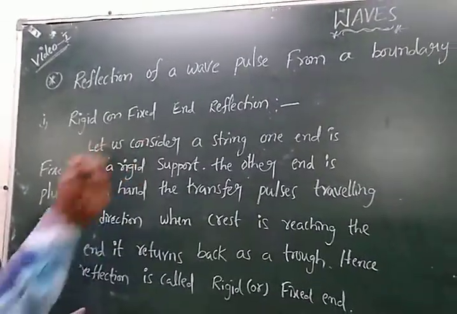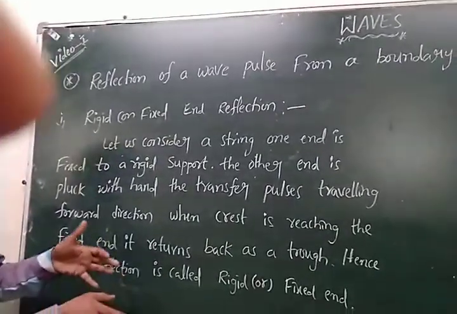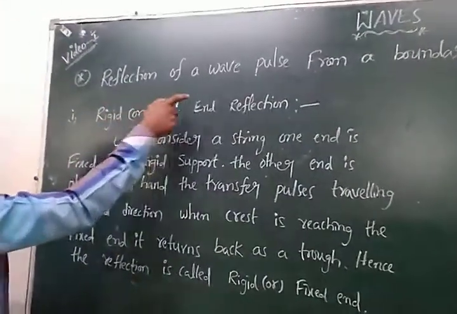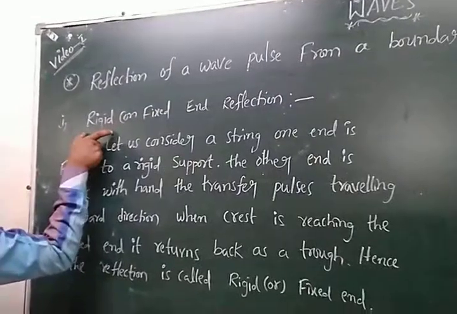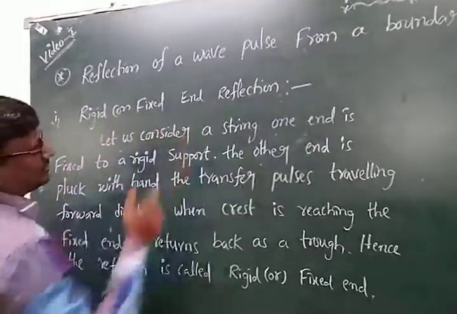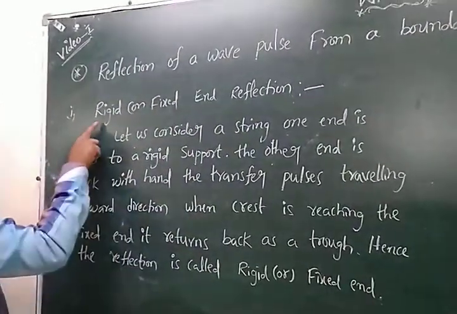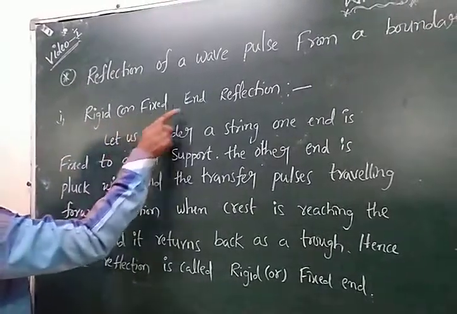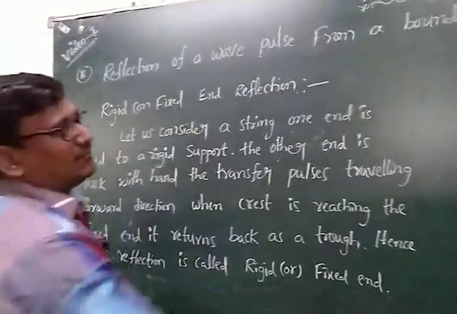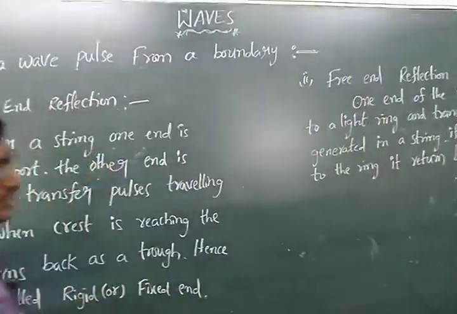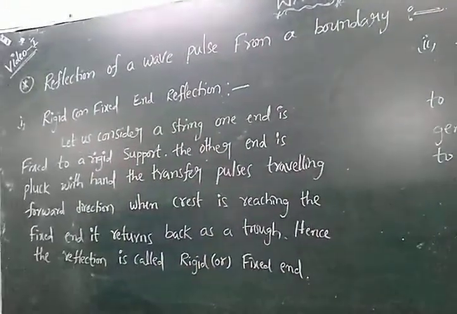That is reflection and refraction, which we already saw. But here, for a wave pulse, we have two types. The first one is the rigid or fixed end reflection. The second one is the free end reflection.